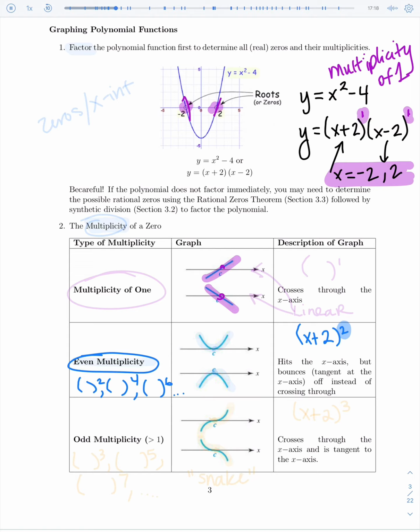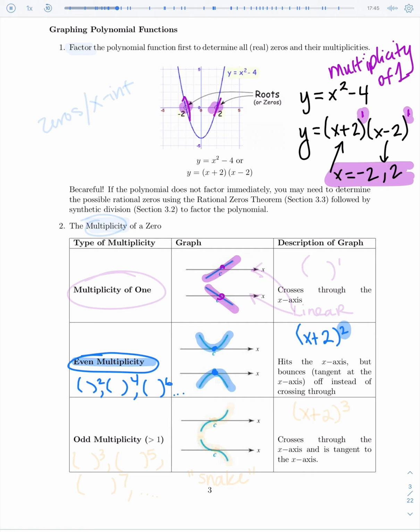What happens when you have a root with an even multiplicity is it doesn't cut through the x-axis, it just bounces right off. Wherever your intercept is, if your multiplicity is even, you'll bounce off the graph. Sometimes you'll bounce off from up top, sometimes from the bottom.